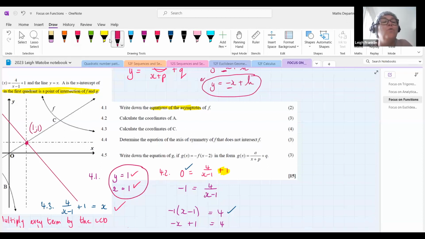So first of all, what do they want us to do over here with that negative? That negative in front of the f, what is that an instruction to do? It's actually a reflection.